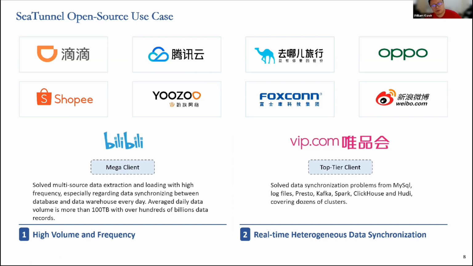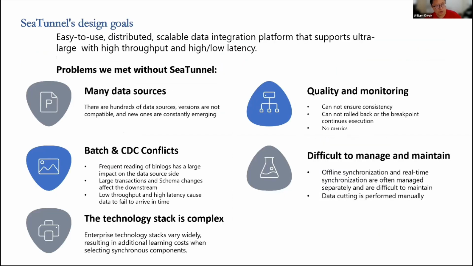VIP.com can then synchronize the data from different data sources. And there are many other users like Didi, Shopee, Oppo, Tuniu, ThyssenKrupp, and Weibo. These are some use cases of SeaTunnel open source.